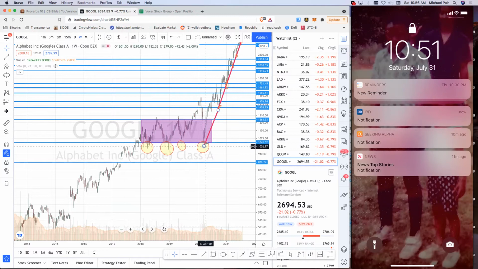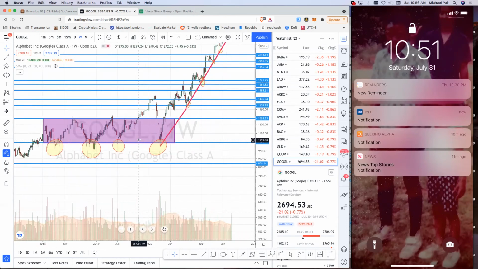And then from there, it just ran phenomenally. So when you see these patterns like that and you see this stuff before and it shows you that was an awesome trade. But you had years of consolidation in this range from that 1001 up to this 1263.